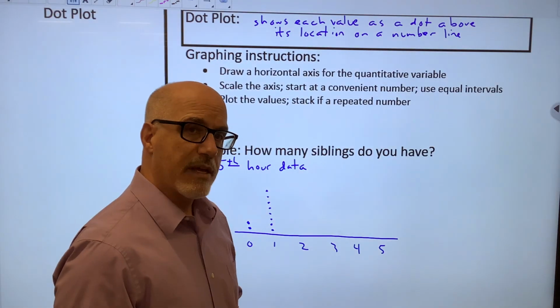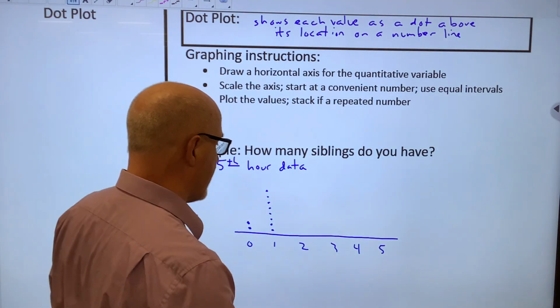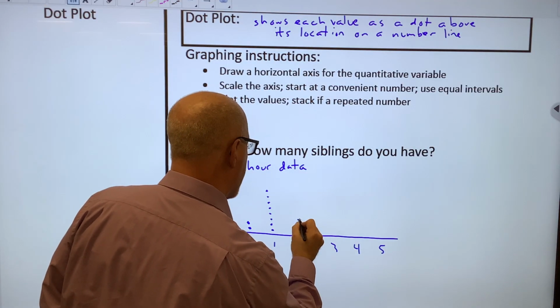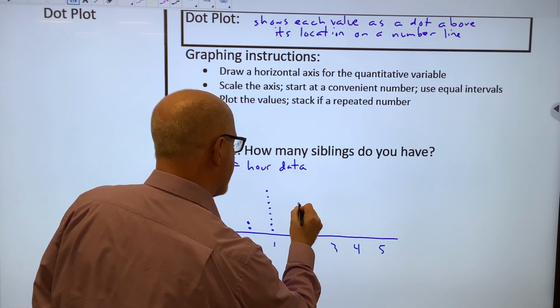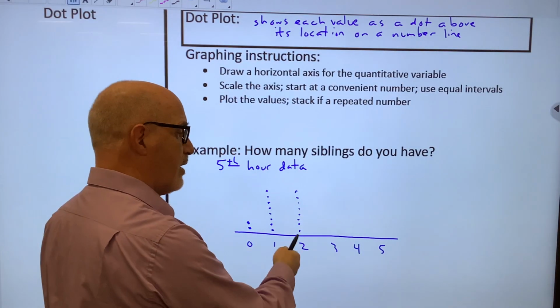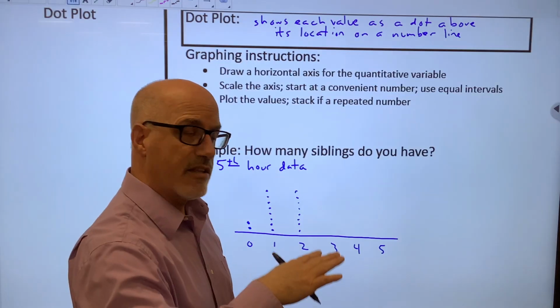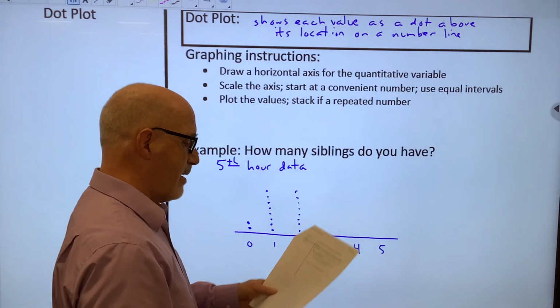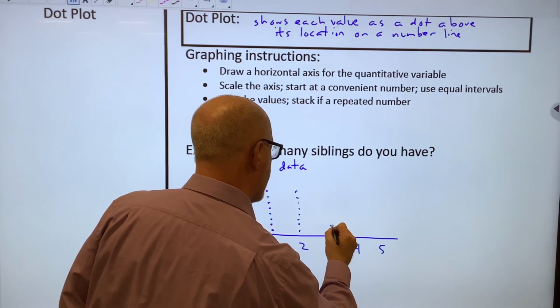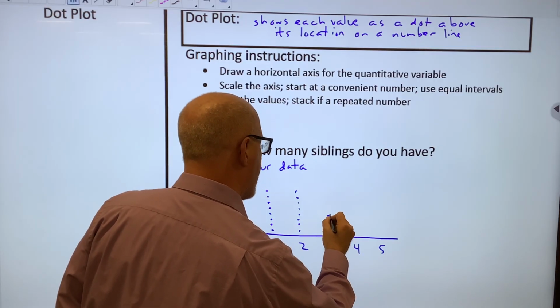That was matched by the number of students that had 2 siblings. There were 8 students who had that as well. I want to try to keep them equal intervals going up so that the height for 8 looks the same. And then for 3, it went down to 4, so 1, 2, 3, and 4.